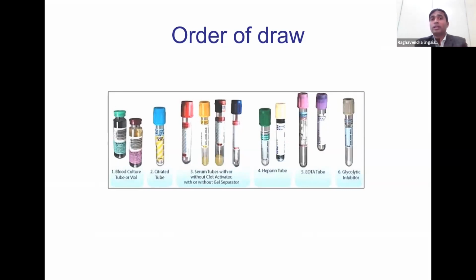The red tube does not contain any gel, which we call serum separator gel; after centrifugation, it forms a layer between the serum and the blood components. So it is the plain containers, then heparin, then EDTA like CBC or hemogram, and then the fluoride vial for glucose testing.